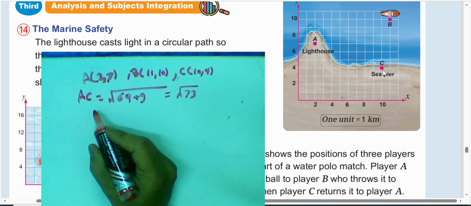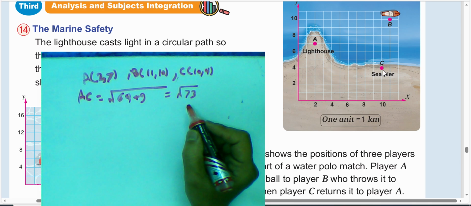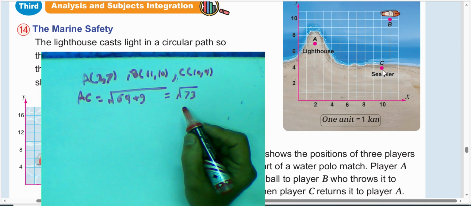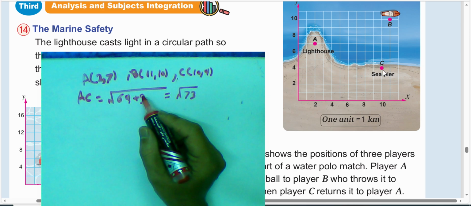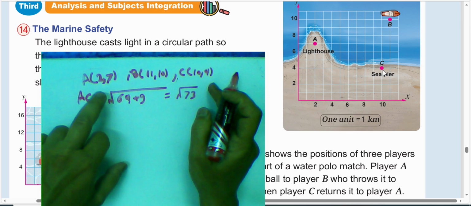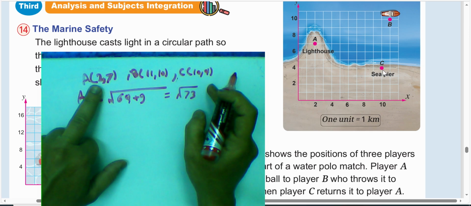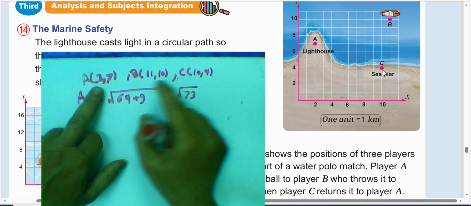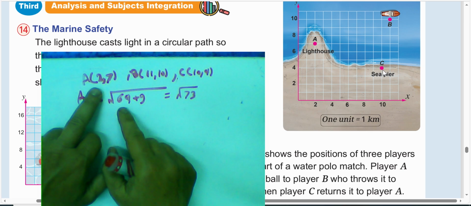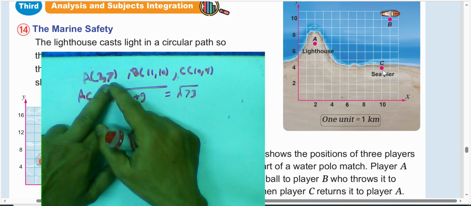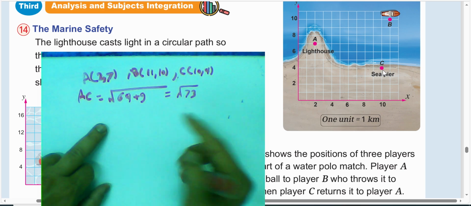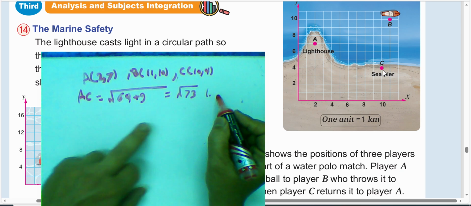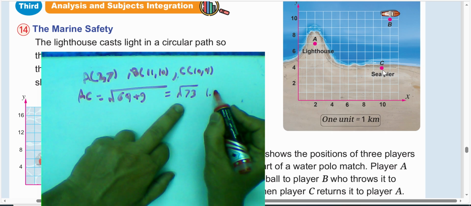Then the length of AC equals square root of 73. Again, point C is 10 and 4 and point A is 2 and 7. The distance: 10 minus 2 is 8, 8 squared 64, and 4 minus 7 is negative 3, squared 9. Then the length AC is square root of 73 length units.